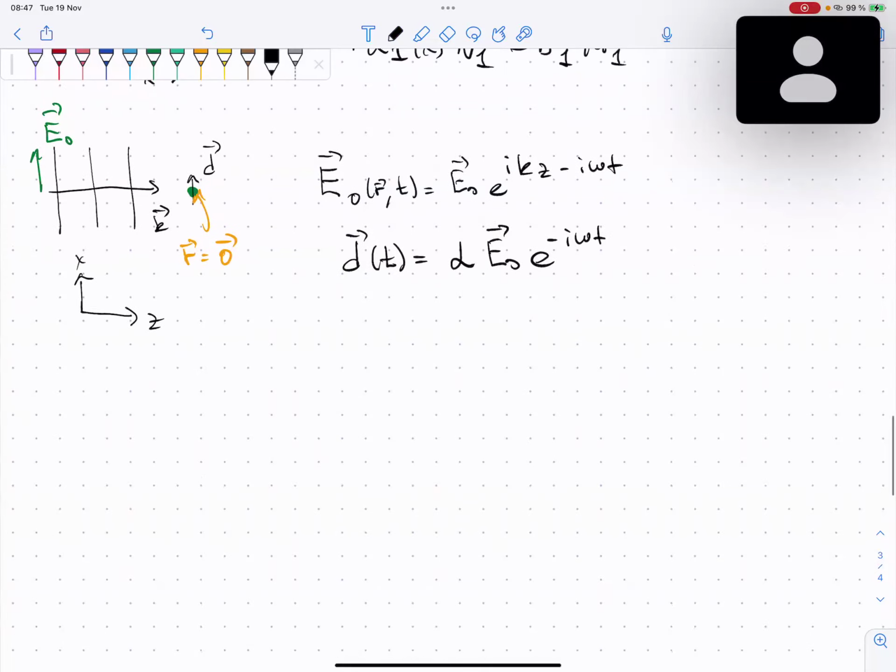And we can actually calculate the extinction, scattering, and absorption cross sections for such a particle.